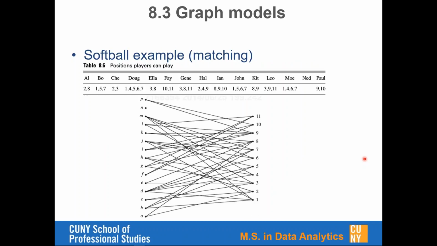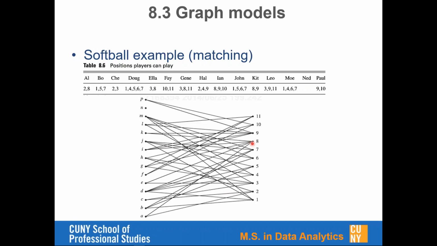And then the textbook has this example of how to use the softball example. Suppose that A1 is able to play positions 2 and 8, so that we can have a connection between A and 2, A and 8.